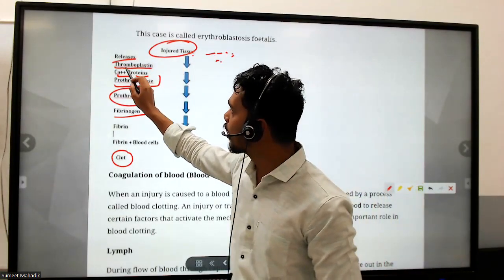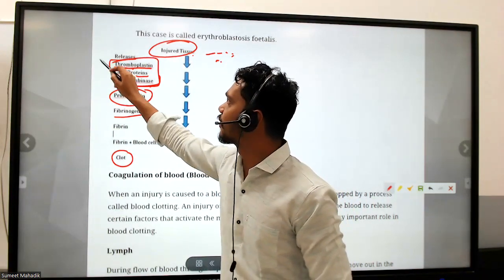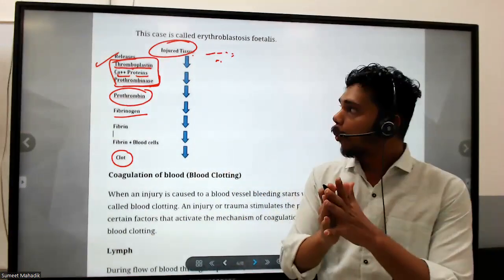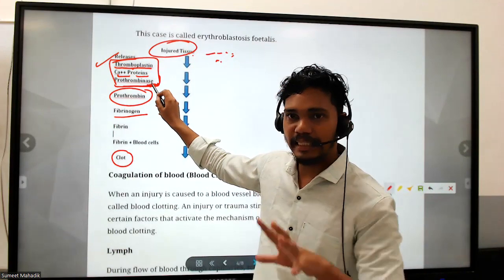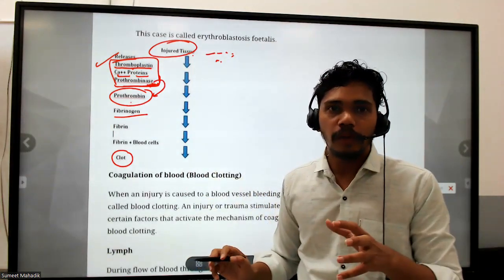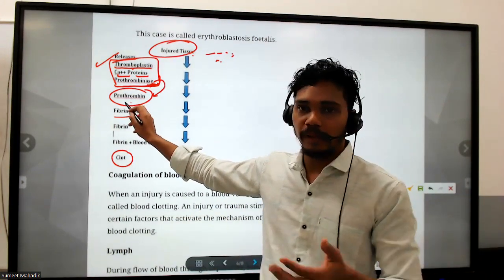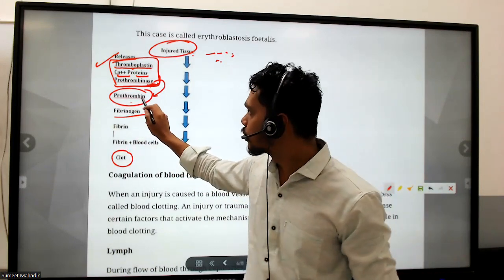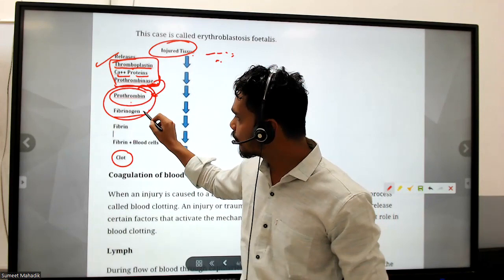So in the blood, thromboplastin, calcium, and prothrombinase get activated. Once they are activated, the enzyme prothrombinase triggers the prothrombin. Pro means it is not thrombin yet, it is prothrombin, the earlier version of thrombin. So prothrombin and fibrinogen are activated. What is fibrinogen?